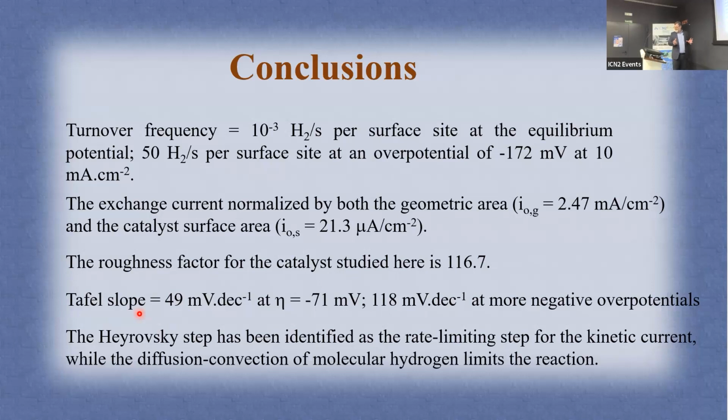So this mechanism is close to the expected one. So the Heyrovsky step has been identified as the rate limiting step for the kinetic current, while the diffusion convection of molecular hydrogen limits the reaction. So this is the first part.